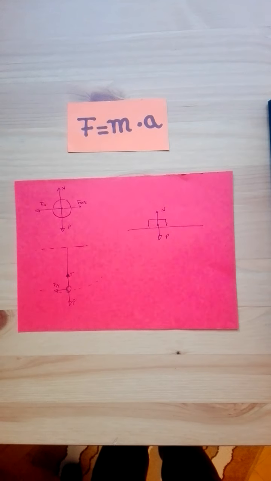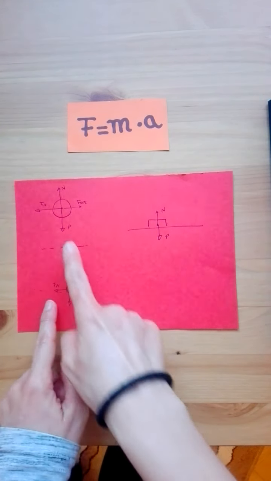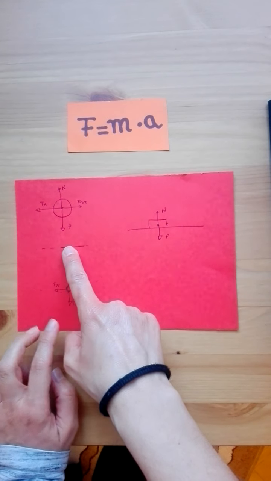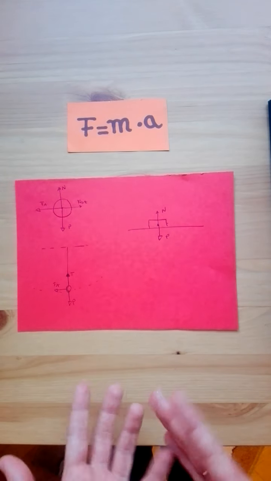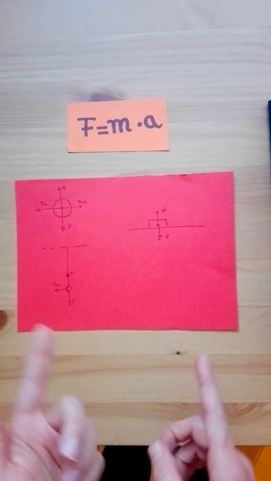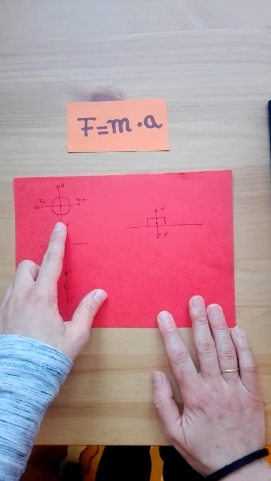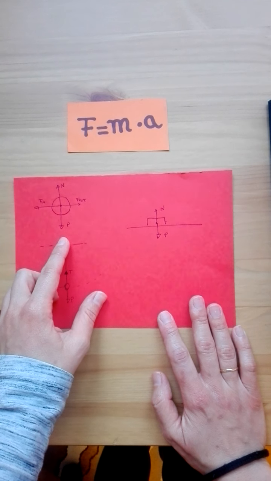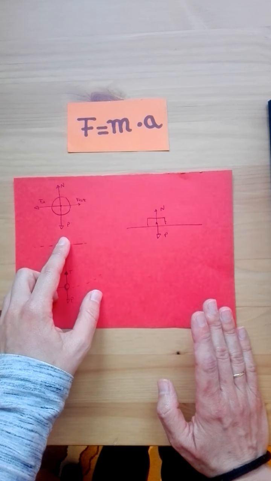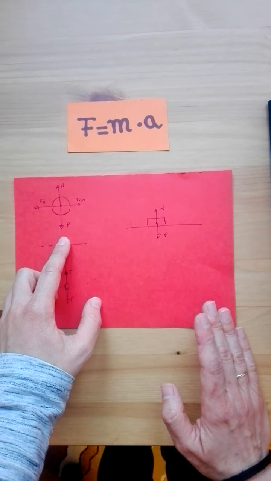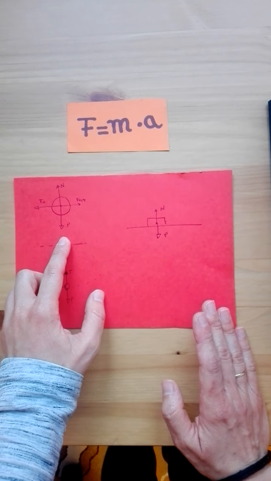Okay? And how are we going to calculate it? That is a problem, because as you see, in a force, it is not only important the magnitude of the force, the number of newtons, but the direction. We always represent the forces as vectors because we have to be very aware of the direction in which that force is exerted, okay?